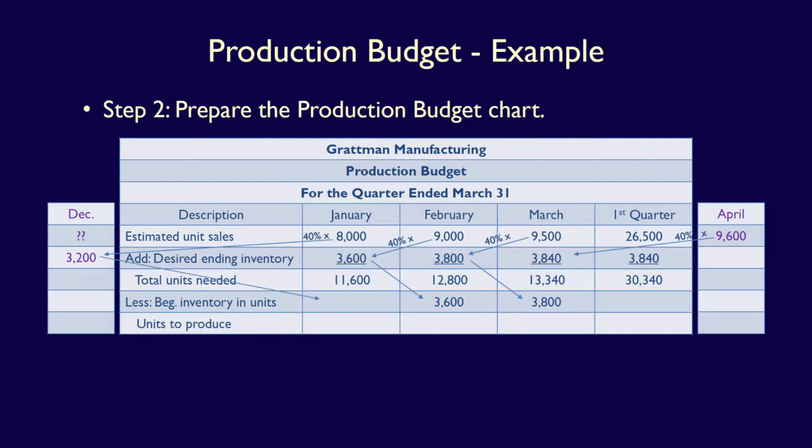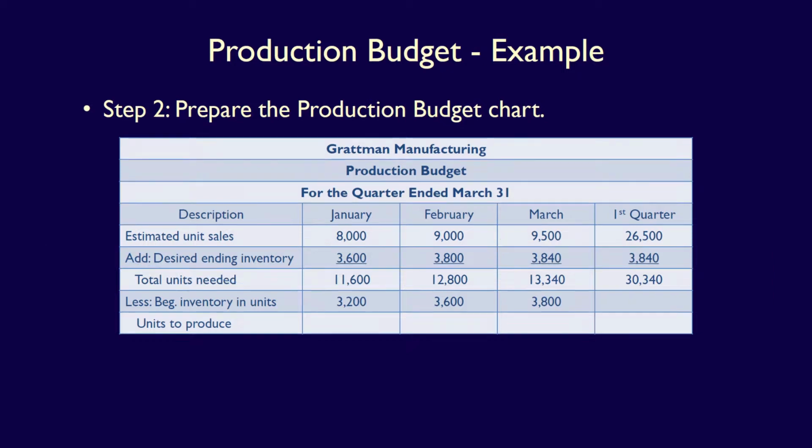We know that December's desired inventory is equal to January's beginning inventory, which is 3,200 units. We now know January's beginning inventory. We can now hide away the column that we created for December. Well, at least until we need it again.